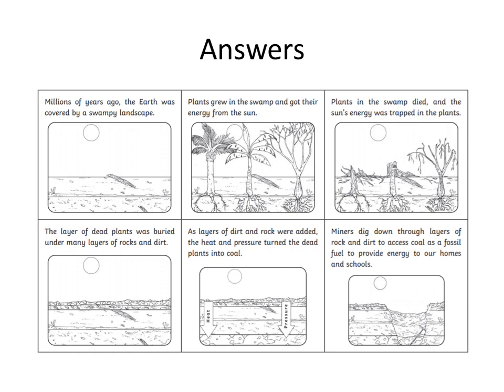Then the layer of dead plants was buried under many layers of rock and dirt. As the layers of dirt and rock were added, the heat and pressure turned the dead plants into coal. And then finally, miners dig down through layers of rock and dirt to access coal as fossil fuel to provide energy for our homes and school.